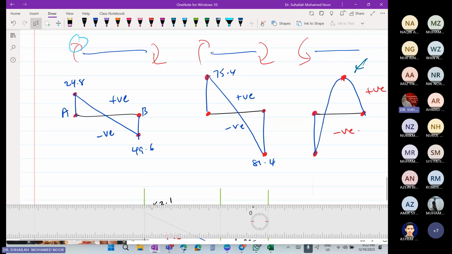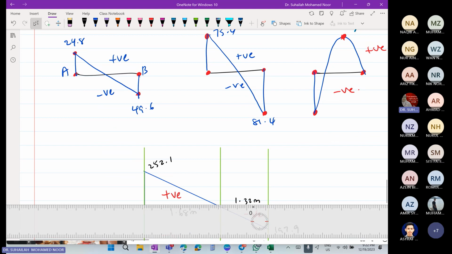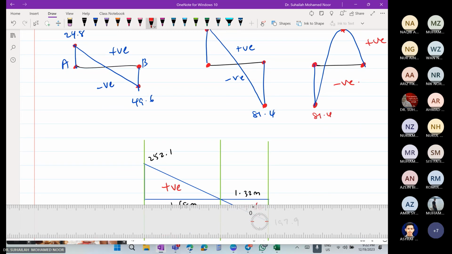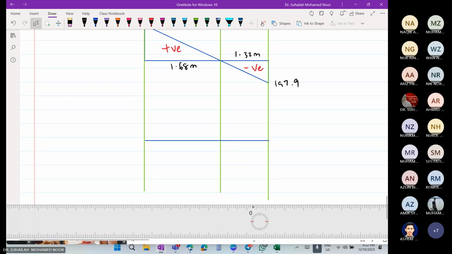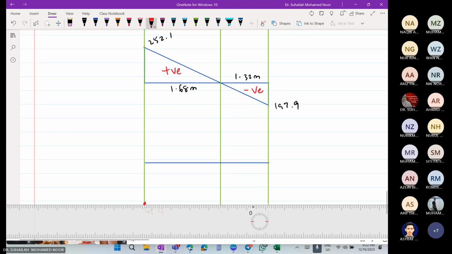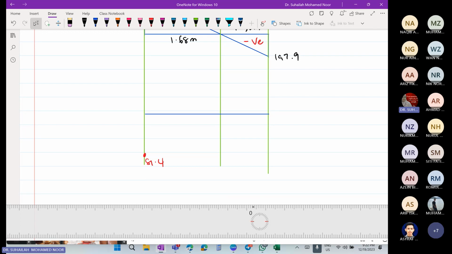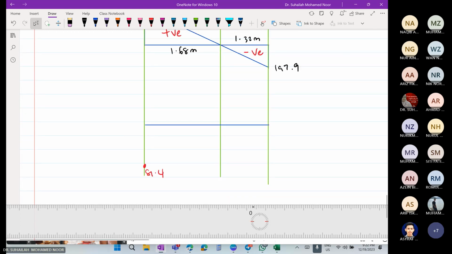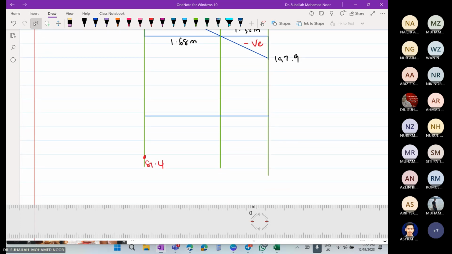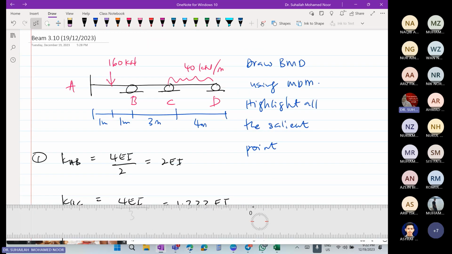For the moment, it is 81.4. And it is negative. So this 81.4, we have to plus the area of shear force diagram. It is negative 81.4.